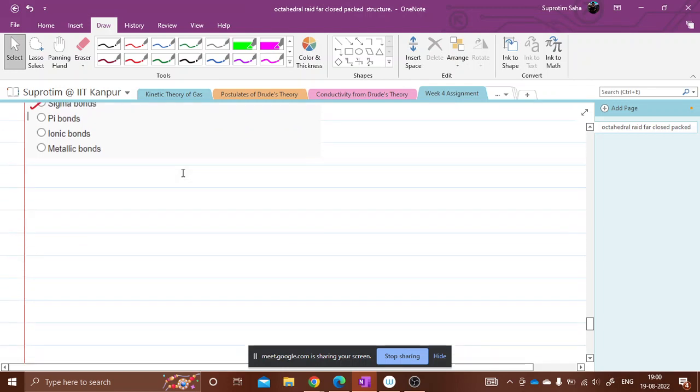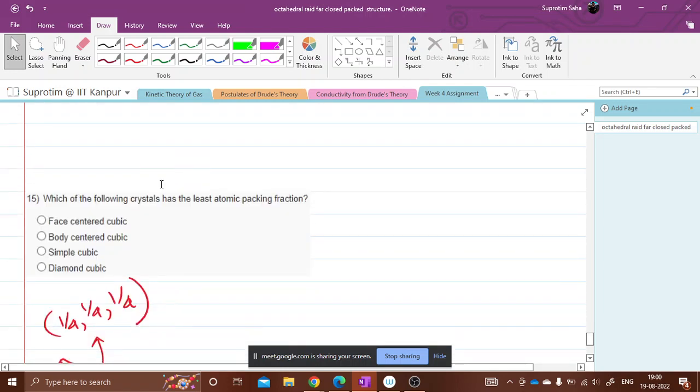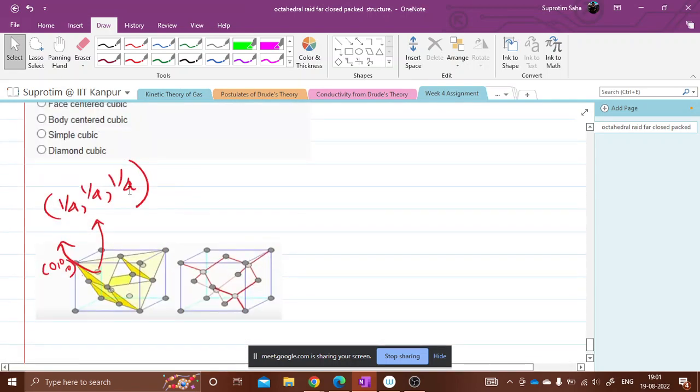The last question: which of the following crystals has the least atomic packing fraction? Body centered cubic does not, and face centered cubic absolutely does not, but the diamond cubic structure, which I showed you, has the least packing fraction. The atoms will not touch each other and there will be empty spaces.